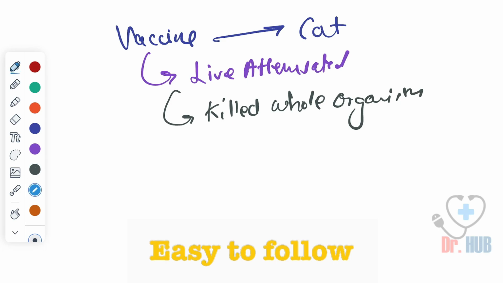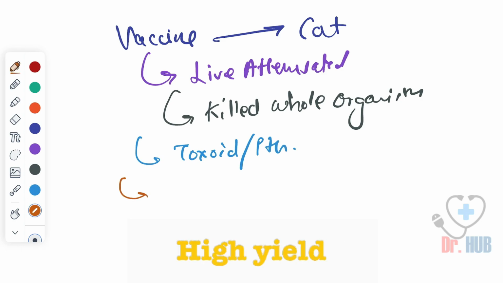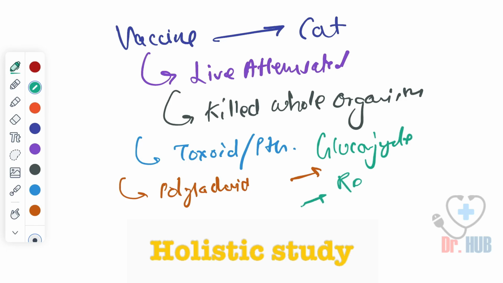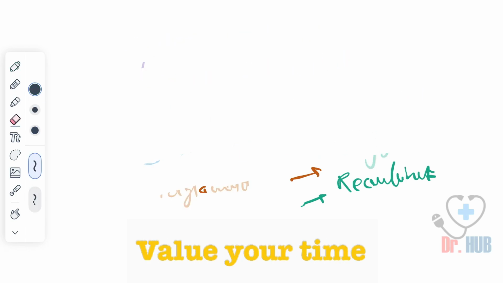Then we also have the toxoid, or the protein. Then comes the polysaccharide, and then comes the glycoconjugate, and also the recombinant. So these are the broad categories, and now we will be dealing with each one of them and looking at the examples.